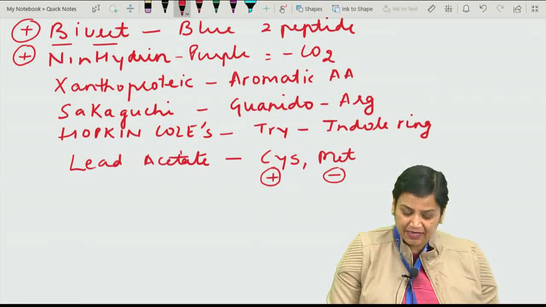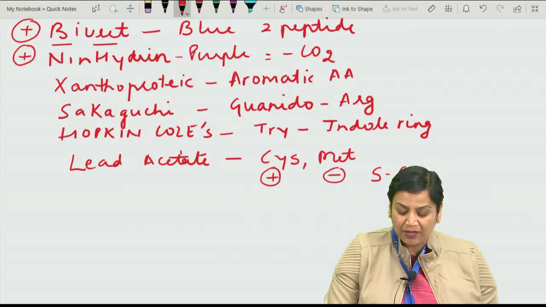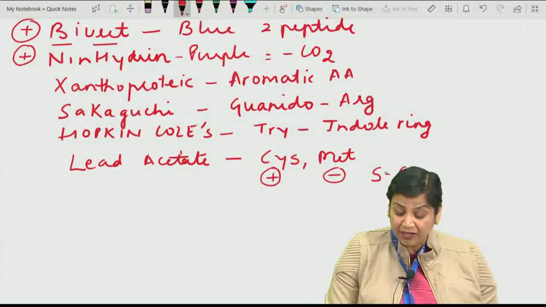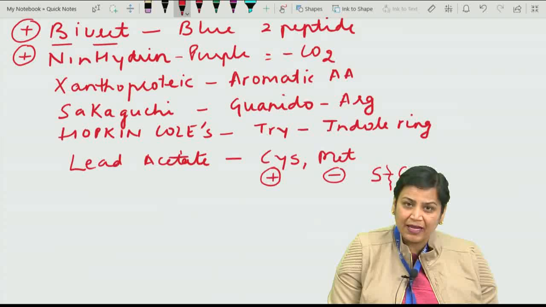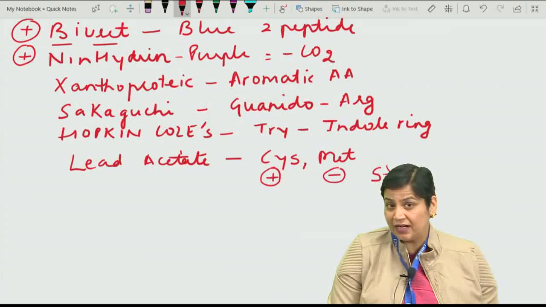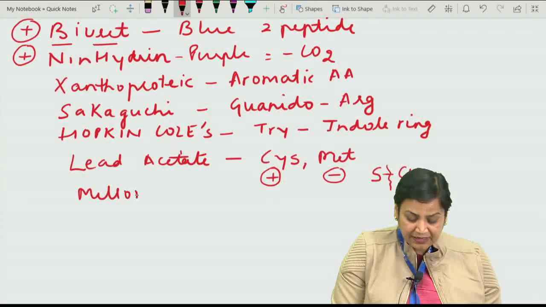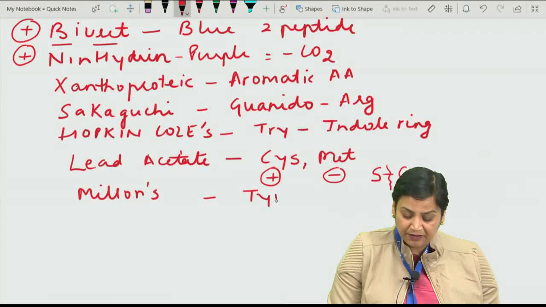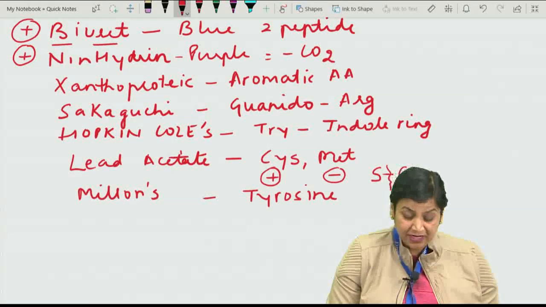The reason behind this is, methionine has one methyl group, so the alkali cannot break this linkage. So lead acetate is given by cysteine, which is again a sulfur containing amino acid. Then Millon's test. Millon's test is a specific test for tyrosine. So these are the different types of qualitative tests.